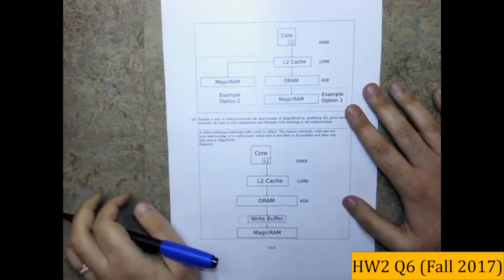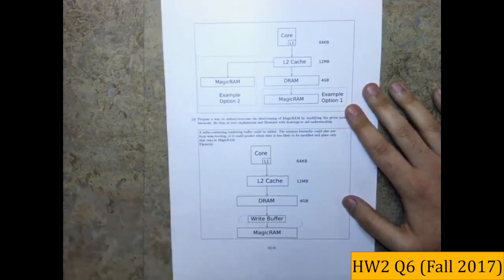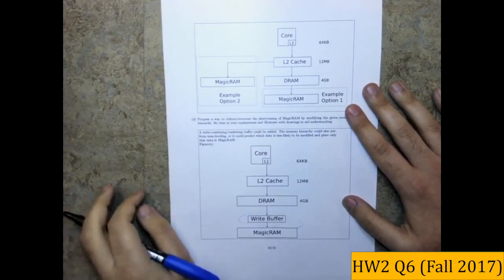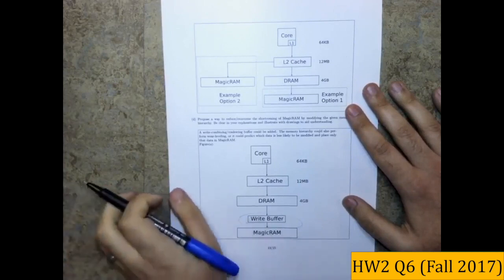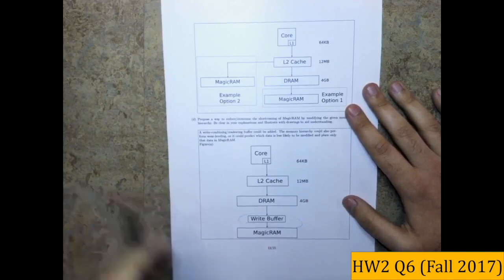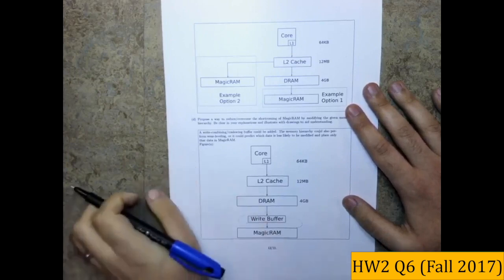It can be used for coalescing or combining writes. And also, we can use some wear leveling techniques to try to uniformly distribute the writes to magic RAM cells. We can have good endurance if we uniformly distribute the writes. So we don't write to one cell 2,000 times and to other cells only maybe 1 time.